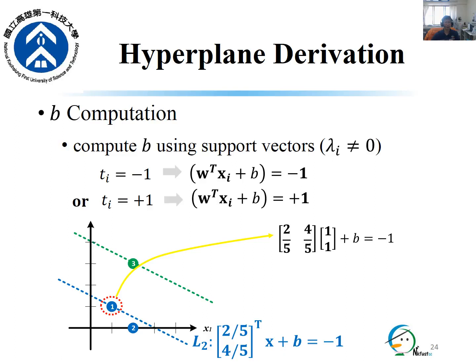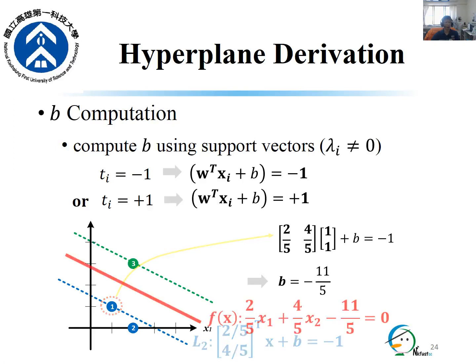After simple mathematical calculation, we have b equal to minus 11 over 5. So the equation of SVM hyperplane is 2 over 5 times x1 plus 4 over 5 times x2 minus 11 over 5 equal to 0.